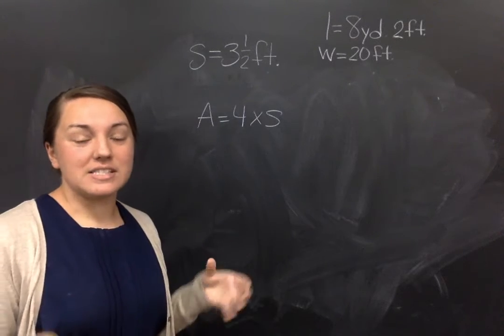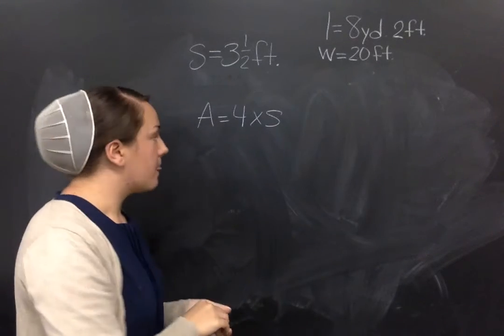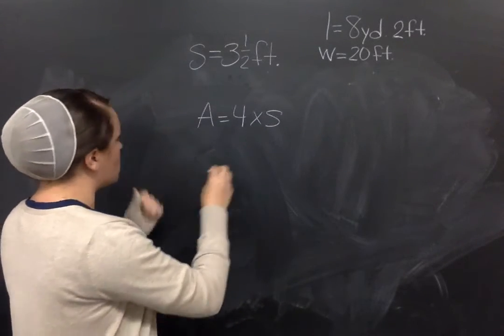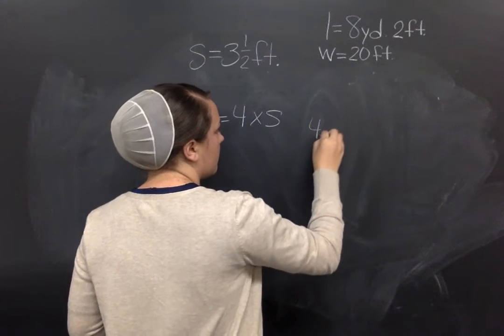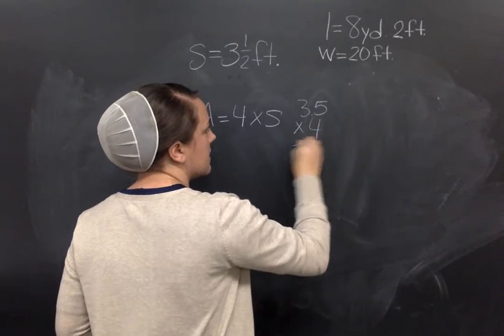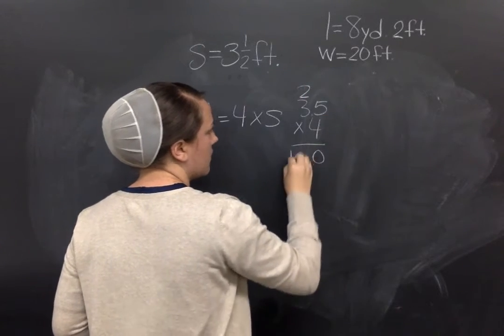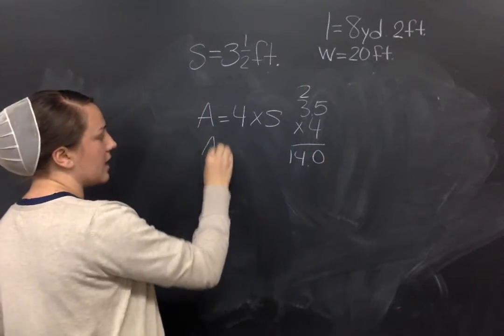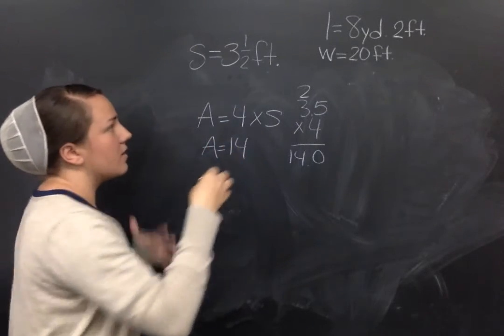And that would give us the area of the square. So if we go 4 times 3.5, 3.5 times 4, that would be 14. And so we have 14 square feet.